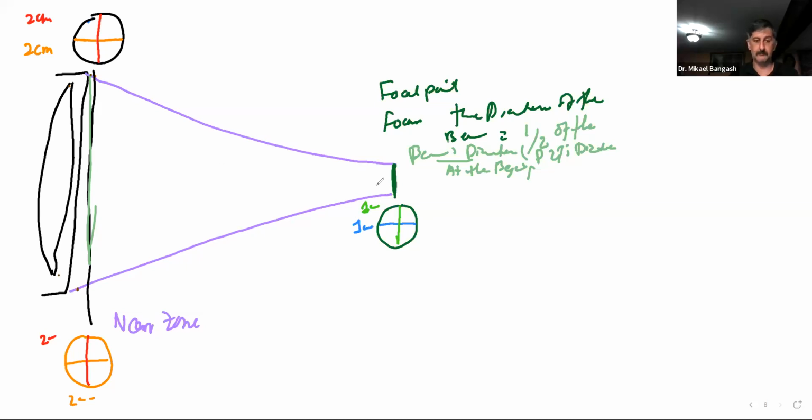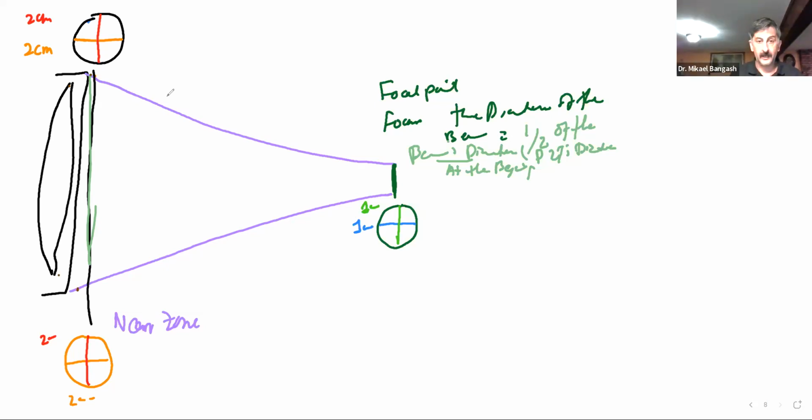At the focus, the diameter of the beam is going to be half the size of what it was at the PZT. So say it was 2 centimeters tall and 2 centimeters wide. Half of that is the width and height of the beam at the focus. Did that make sense? Clear?